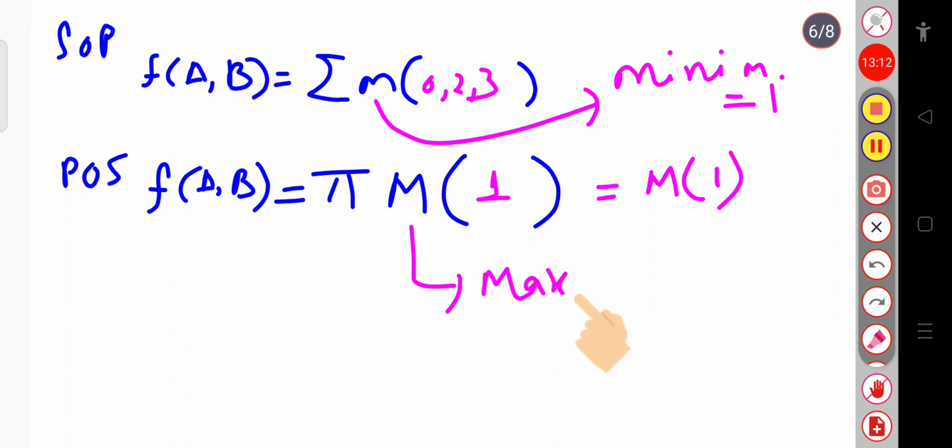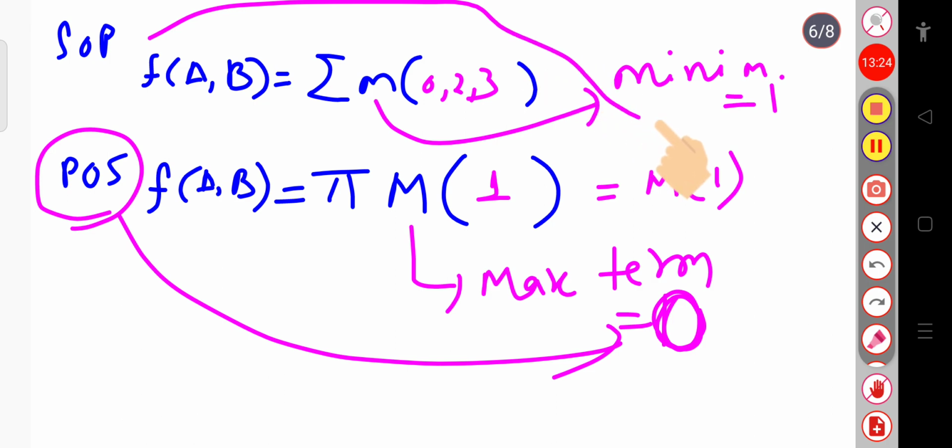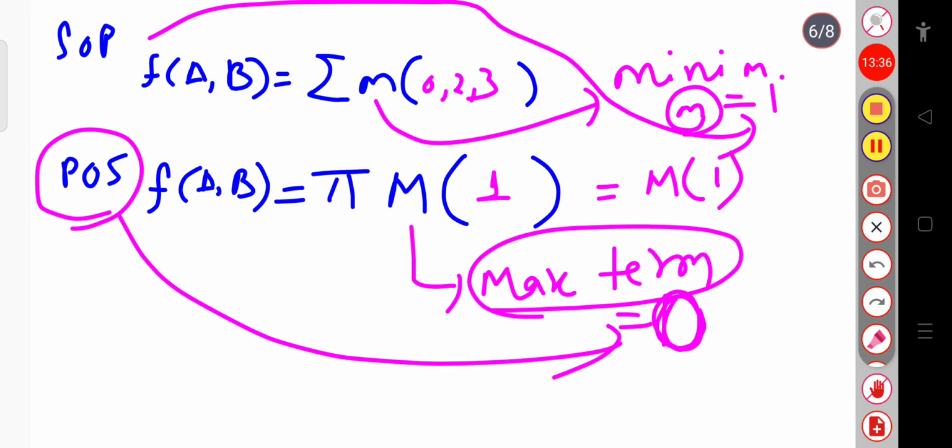Sorry, this is the maximum term equal to 0 here. In case of POS the output must be 0, and in case of SOP the output must be 1. That is why in SOP we take the minimum term, that is 1, and in POS we consider the maximum term, or the output to be 0.